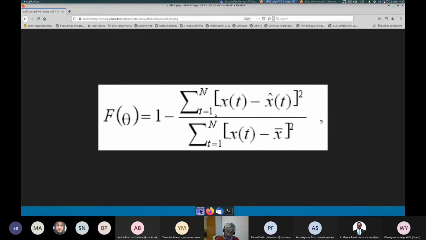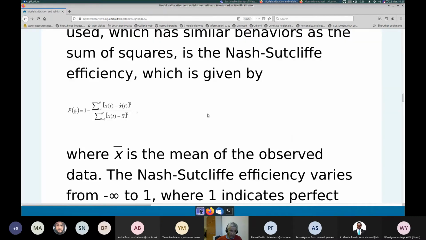When we get a Nash efficiency greater than 0.7, we start talking about a good model. Greater than 0.9 is a very, very, very good model. Usually, we don't obtain such good performances. So this is another important objective function which I suggest you to remember.